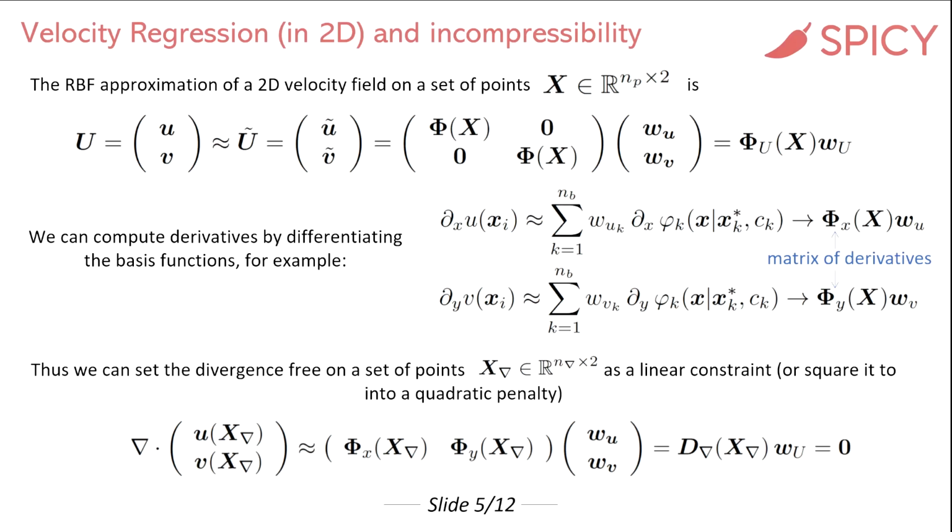Here I write our divergence operator acting on the full set of weights linearly. This will act on a set of n nabla points which have coordinates x nabla, and we can use this as a linear constraint as it is, or we can take the norm of this product, so the norm of the residual, and square it, and then we will obtain the quadratic penalty as we've seen in the previous video. Now for the velocity regression, as we will see shortly, we usually like to do both things.